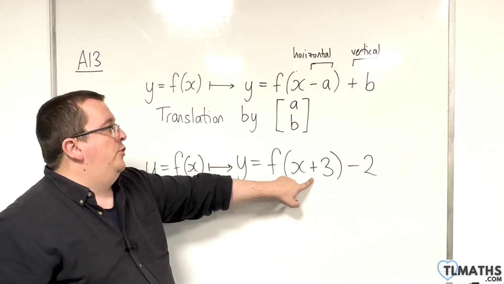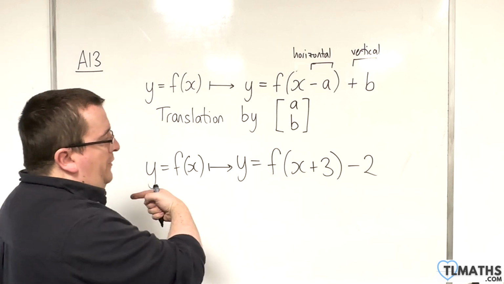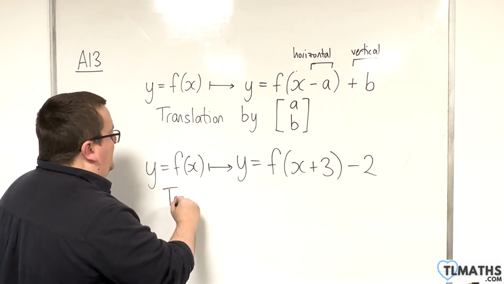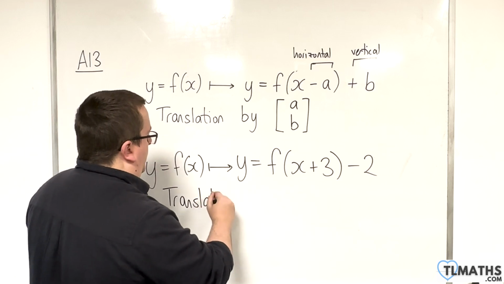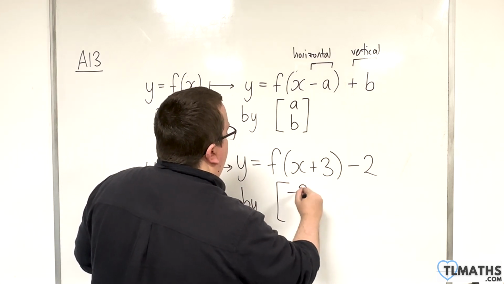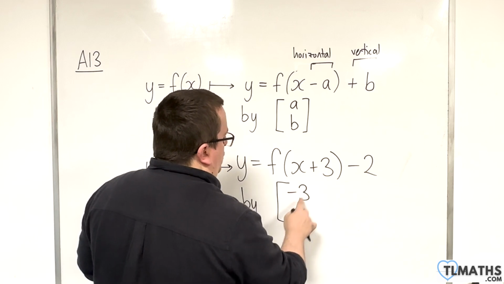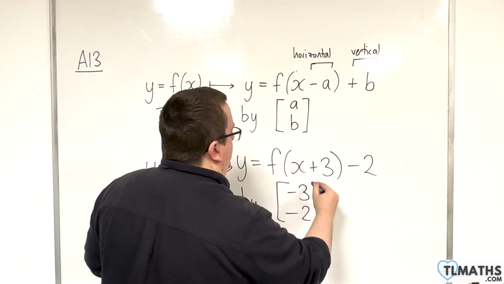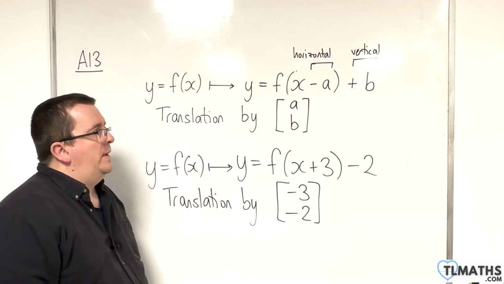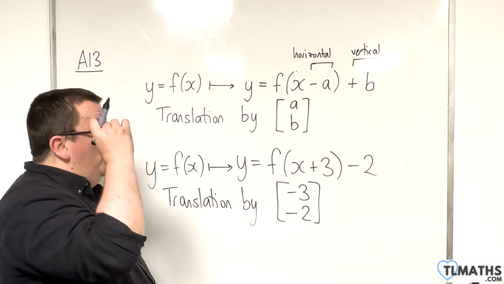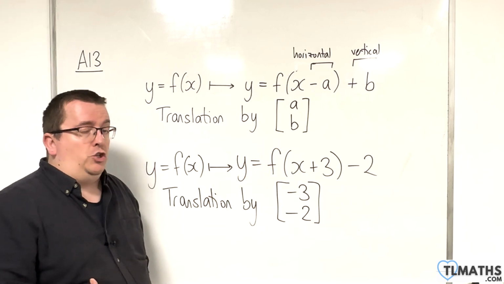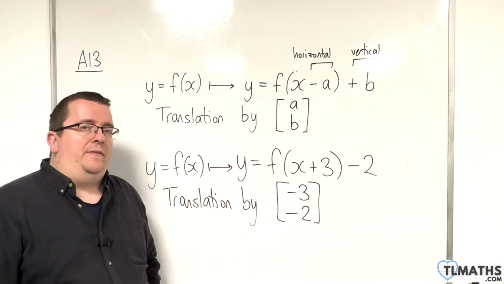So this is 3 units to the left, 2 units downwards. So we would refer to that as a translation by the vector (-3, -2): one inside changes sign, one outside stays the same. And so this is how we identify a translation from function notation, and we're going to be practicing this in the coming videos.